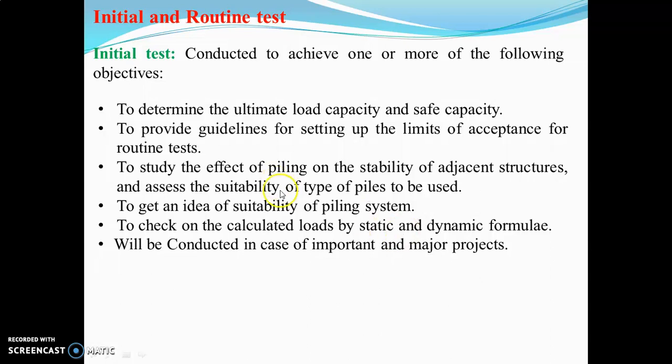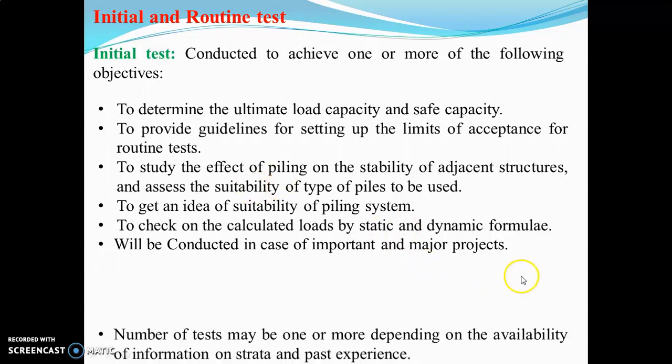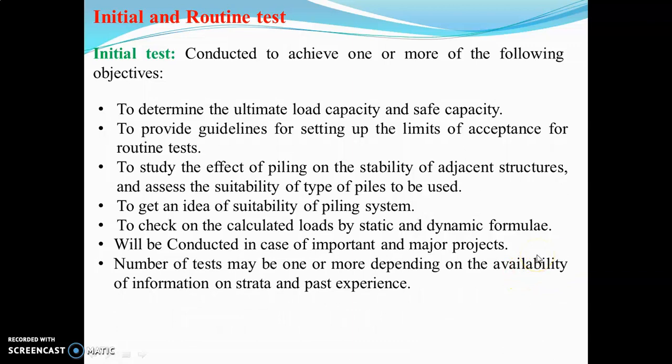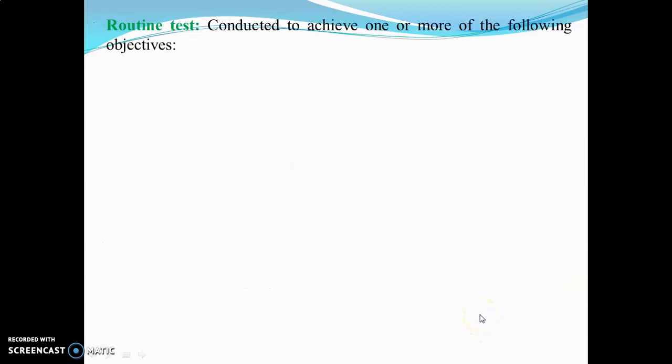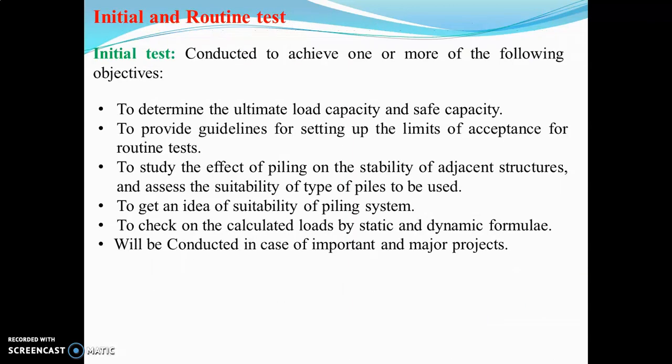It will be conducted in case of important and major projects. The number of tests may be one or more depending on the availability of information on strata and past experience. So this is about the initial test.